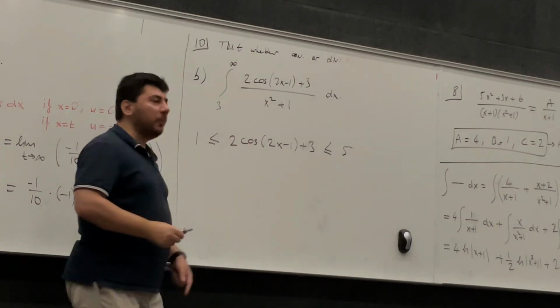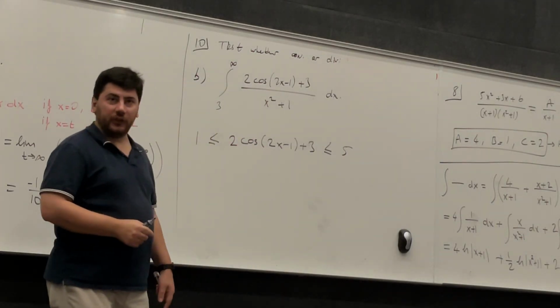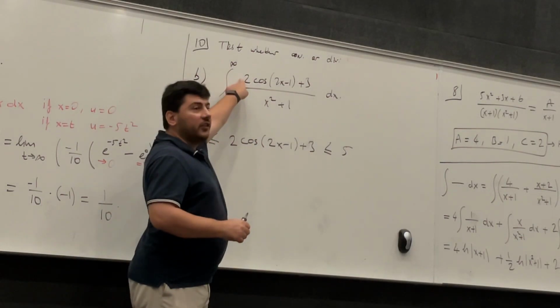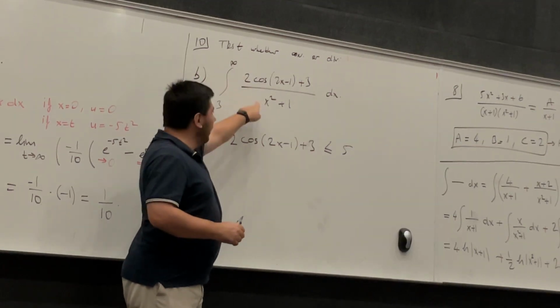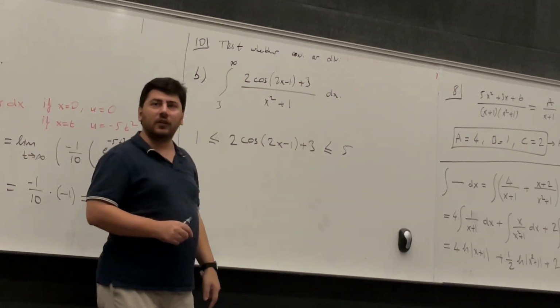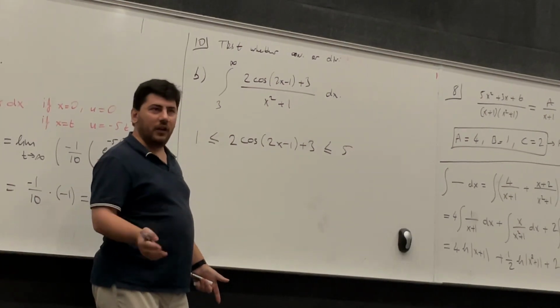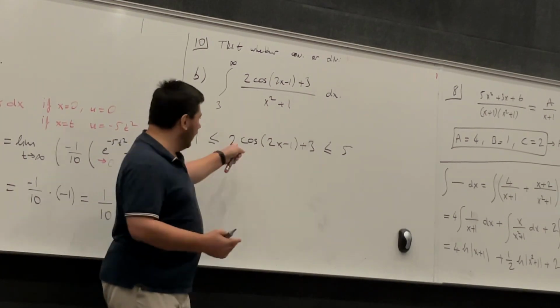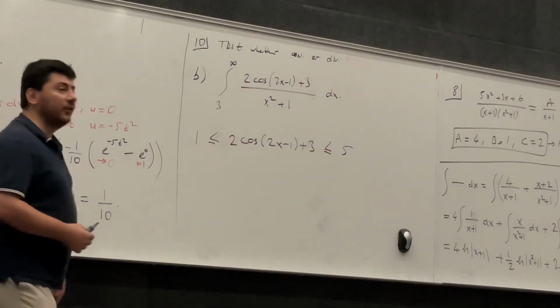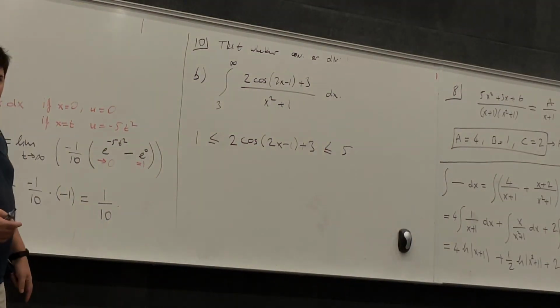So I found a bound for the upstairs, because here the numerator makes the problem. If it was just x squared plus 1, we know that it's convergent, right? But it is not. So therefore I need to figure out what's happening in the numerator.